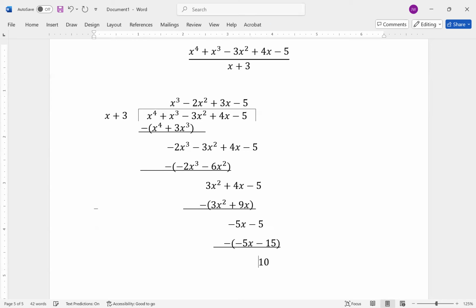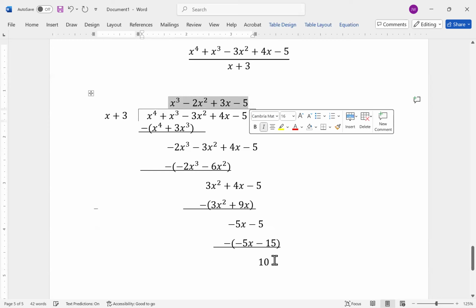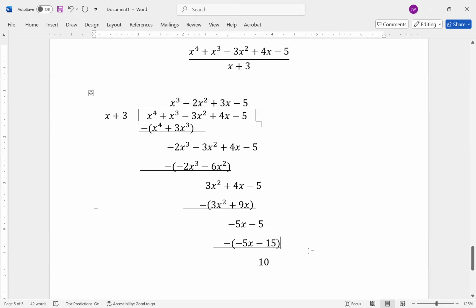Again, things aren't lined up perfectly because I'm trying to type these, but you can see what's happening. When I take this fourth degree polynomial and divide it by x plus 3, I end up with this polynomial plus remainder of 10, or plus 10 over x plus 3. Let me go ahead and write that down.